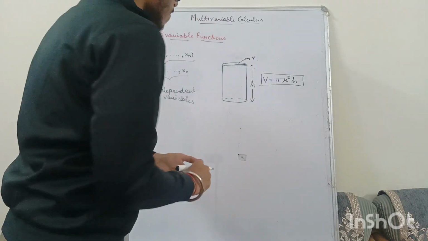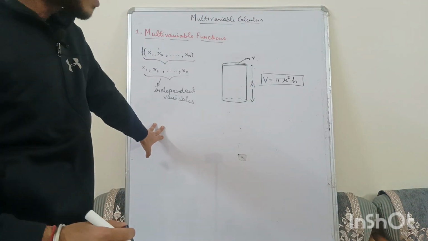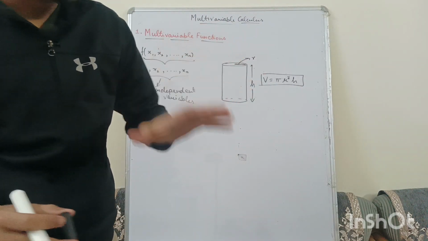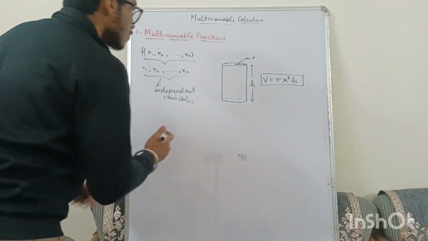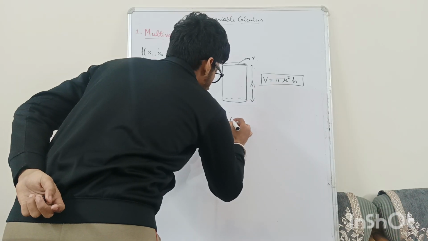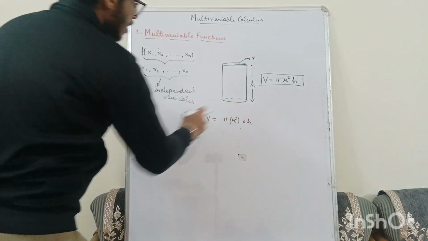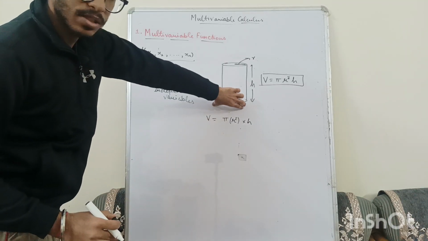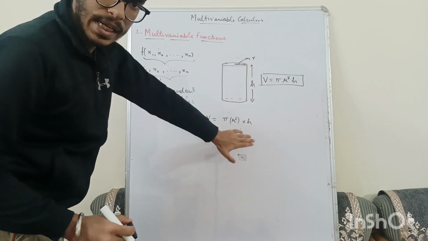We can see pi r squared into h. From a previous example, we know that the area of a circle is pi r squared. So, I can break this formula as pi r squared into h. So, it's the area of the circle, that is the bottom or the top one, we can say, and the height, so area multiplied by the height.